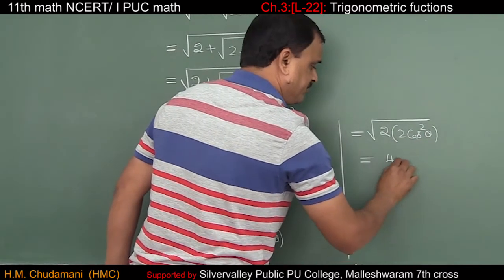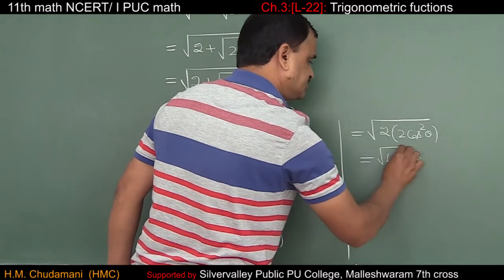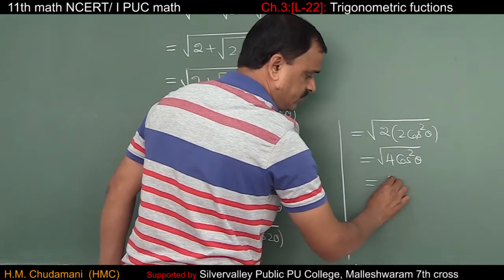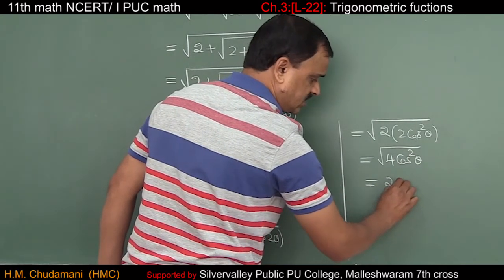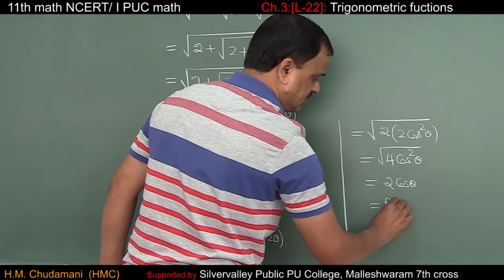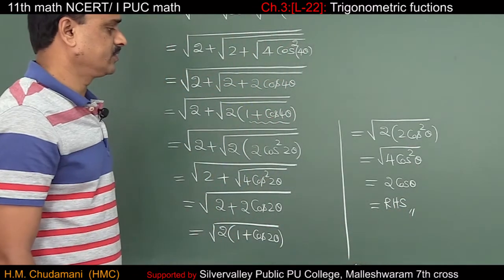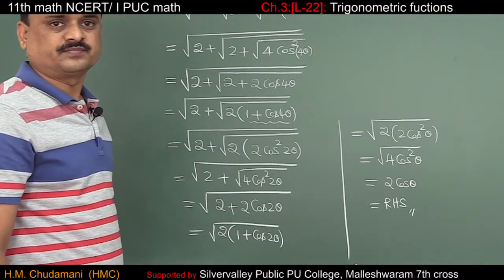So 4 cos square theta. Outside the root means 4 outside the root means 2. Cos square theta becomes cos theta. That is what the RHS we want. Okay. 2 2 cos theta.